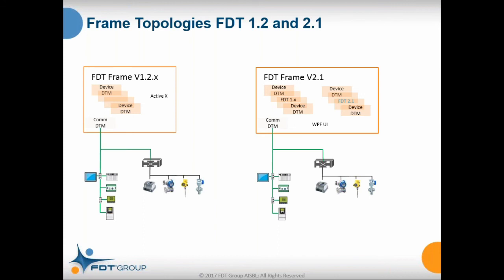One thing we can say about this topology, though, is it's slow. When you mix the DTMs in a frame, all the speed advantages that we got from doing FDT2 basically drop off. And you're back to the lumbering 1.2 type frame. So as you scale up a project in this mixed topology, it's not going to perform very well. It'll perform more like 1.2 did as you scale it up.